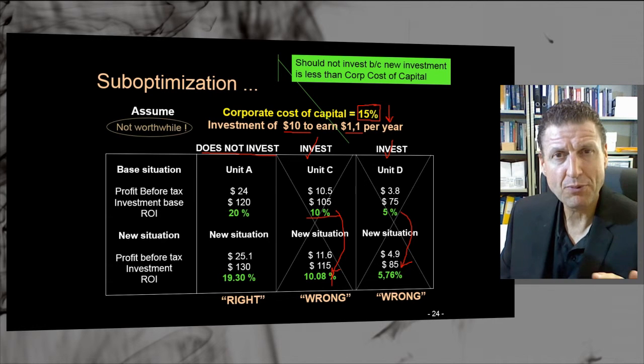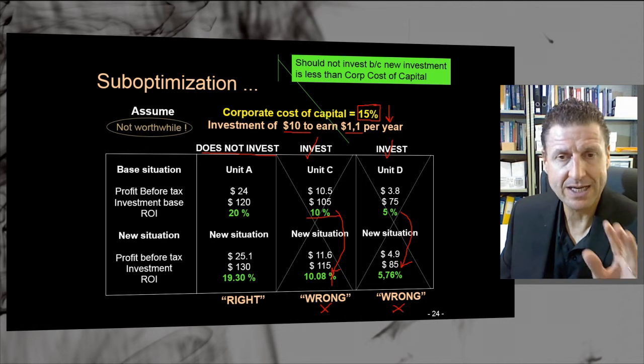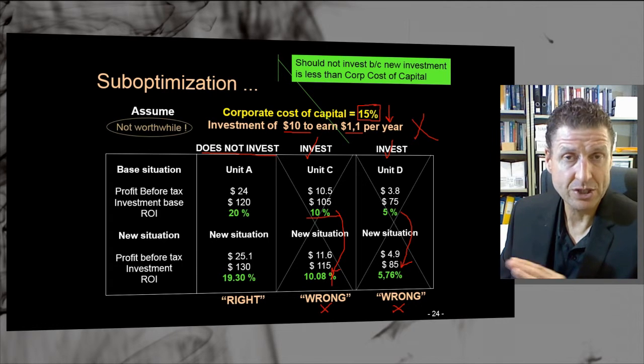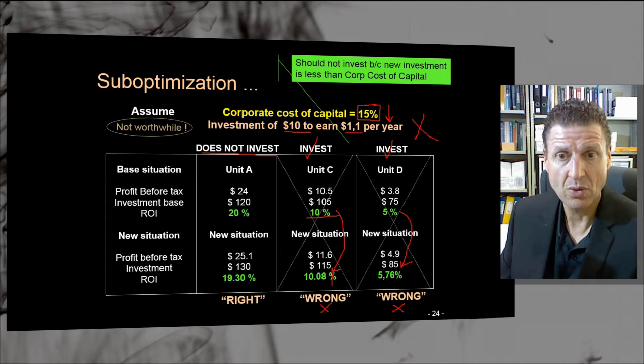But from the corporate point of view, this is going to be wrong here and here. This decision to invest is wrong because this project should not see the light of day from day one. It should not be invested in at all because it is less than the corporate cost of capital.